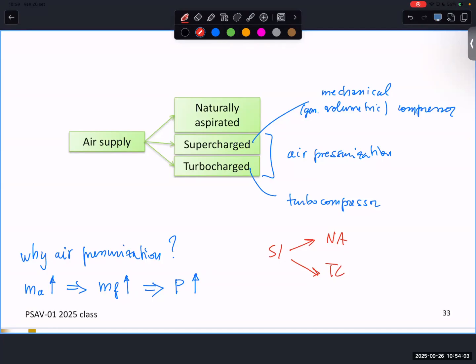Of course, turbocharged can have a higher efficiency, but is more expensive because you have more components. The injection system has to be more expensive. So it's difficult to say, but roughly we can say 50%.